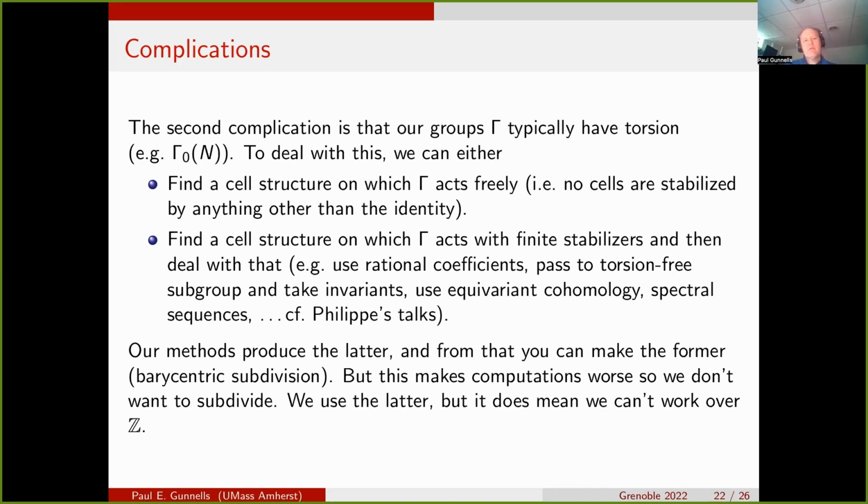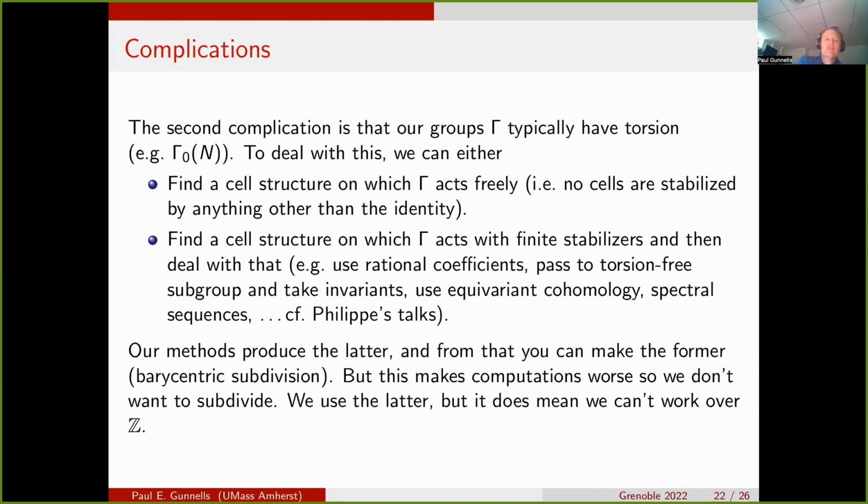And in fact, usually what happens in real life is that if you have a nice way to do reduction theory to make a cell complex, typically you wind up with something where gamma acts with finite stabilizers. It's just a fact of life. If you have that, you can make something on which gamma acts freely by just doing barycentric subdivision and adding more cells.